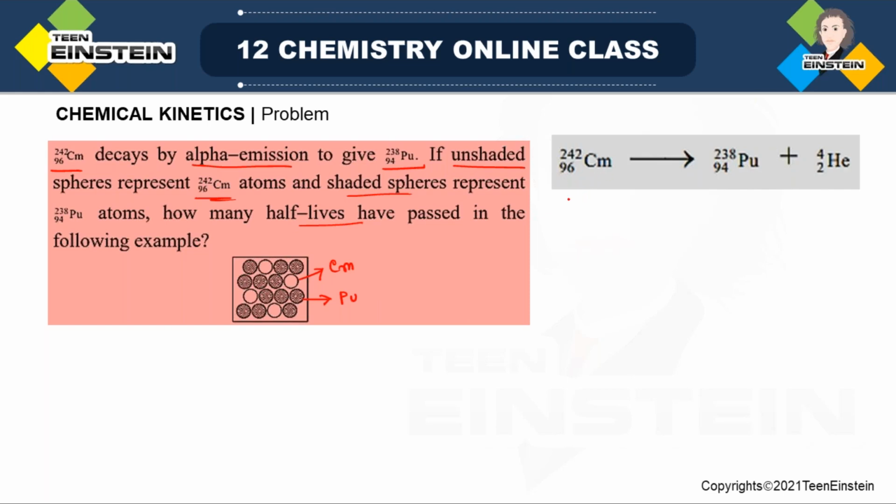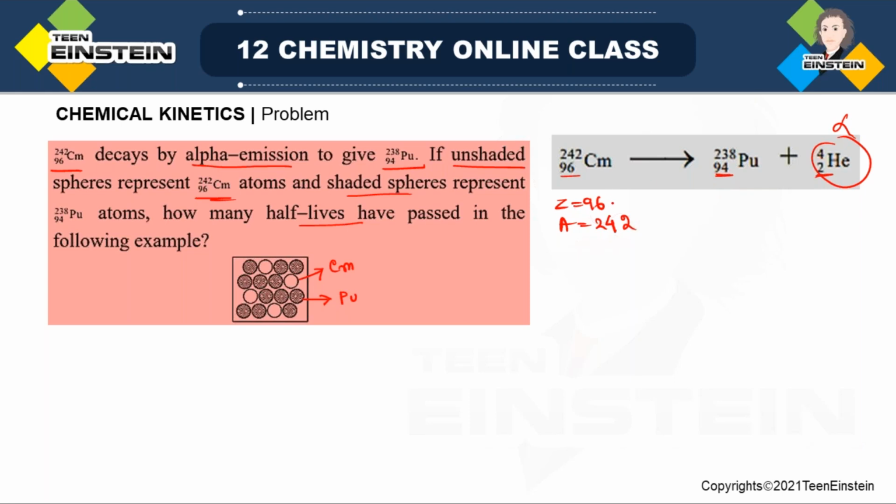Initially we have Cm where Z is 96, mass A is 242. Now when a helium particle is removed, which is alpha, then we know that 2 is the amount which will be decreased from 96. So now the atomic number is 94, and the mass will decrease by 4.